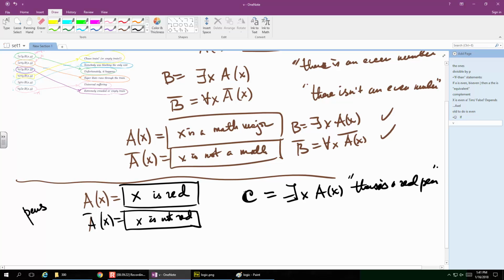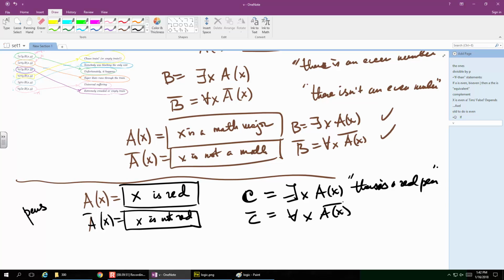Suppose I have a bunch of pens lying here, and one of them is red. And there's one that's not red. Would the negative be for any pen there is not one that's red? That's right. Any X, not A of X. So I go through all of these, and all of them are not red. I'm checking one by one. I check all of them out, and none of them is red. So that's the second statement, the negation of there is a red pen.